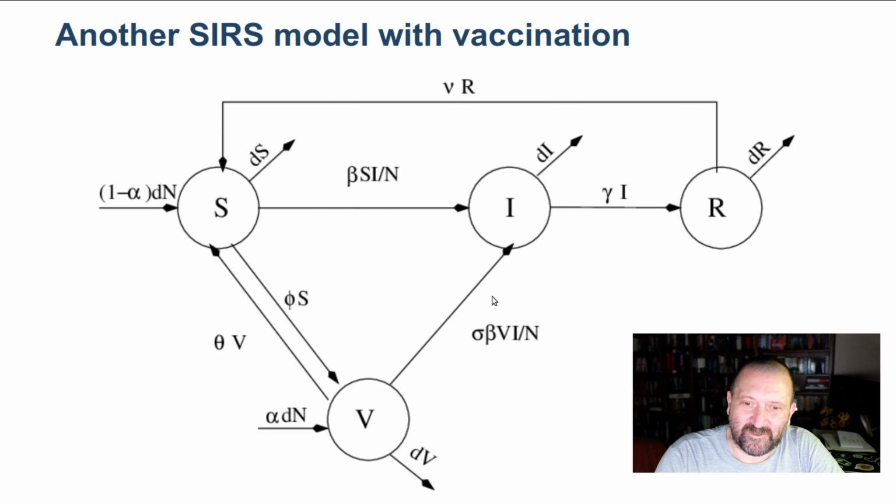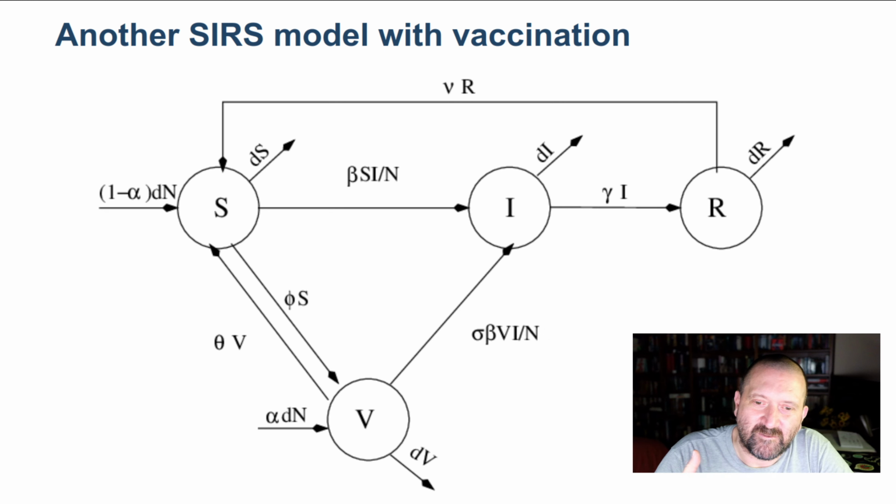Here we're assuming that of those that are vaccinated, some get infected by the disease. If, for instance, sigma is equal to 1, then this term is equal to this term, except that it's an S and a V here. That means the probability of being infected is the same for those who are vaccinated and those who are not vaccinated.